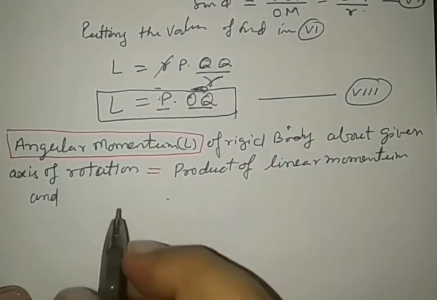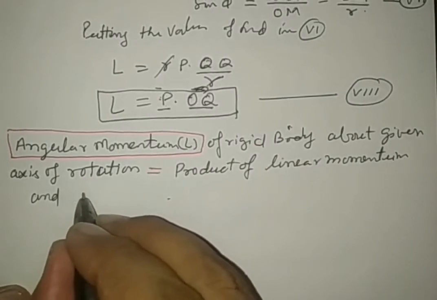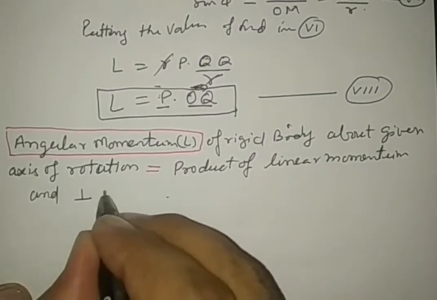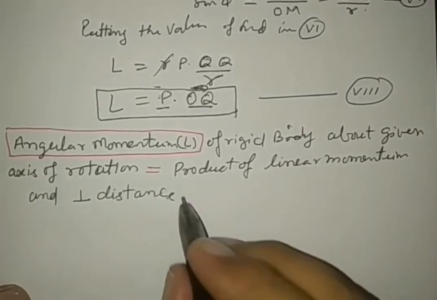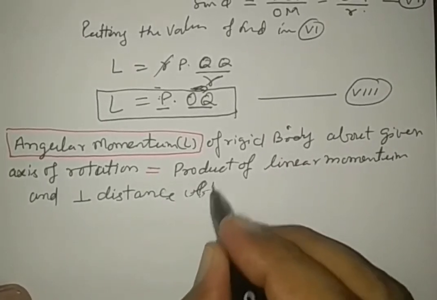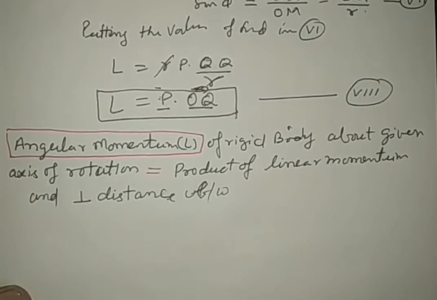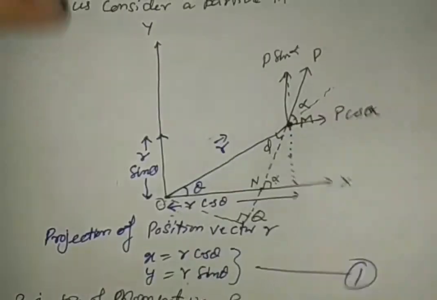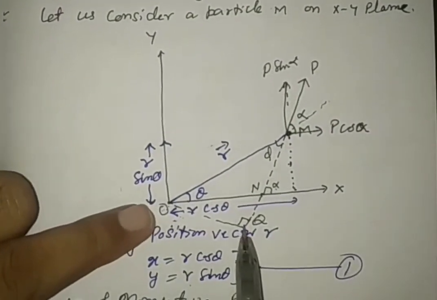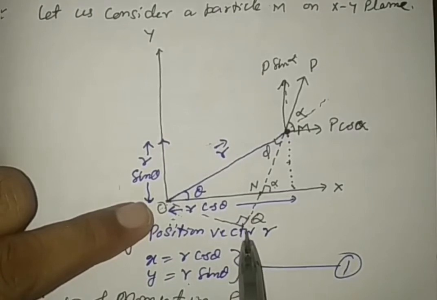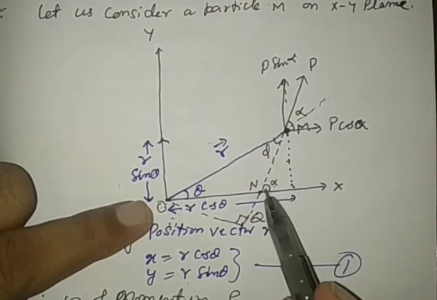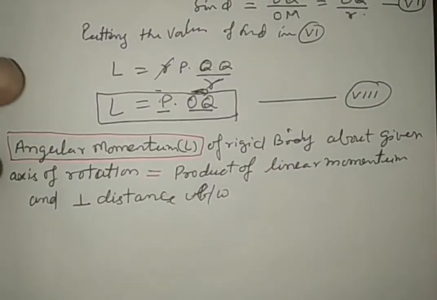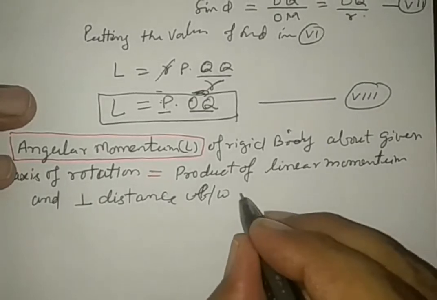OQ is a perpendicular distance, and perpendicular distance between whom? OQ is, see in the diagram, perpendicular distance between whom? Momentum P and O.